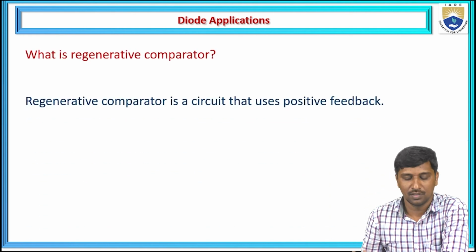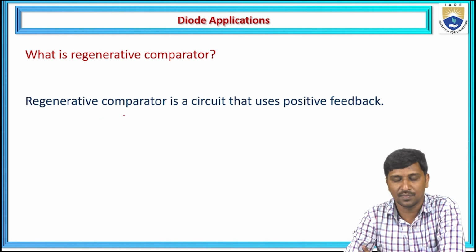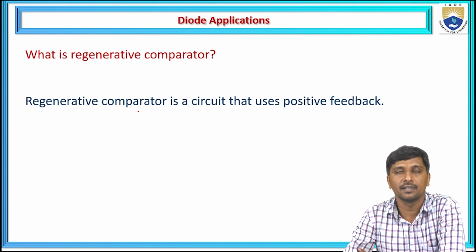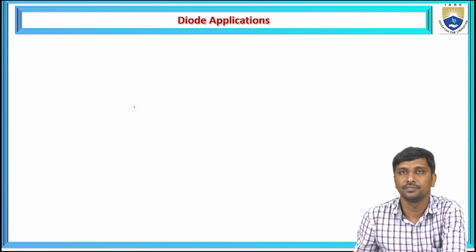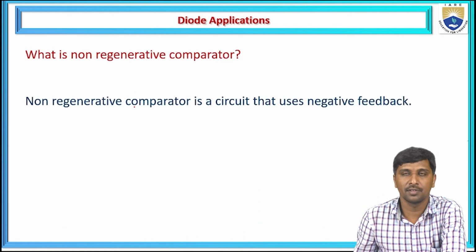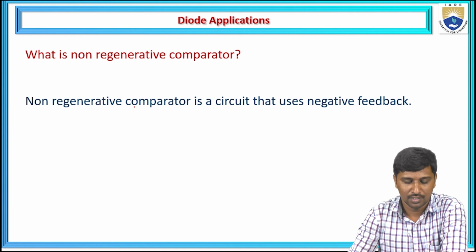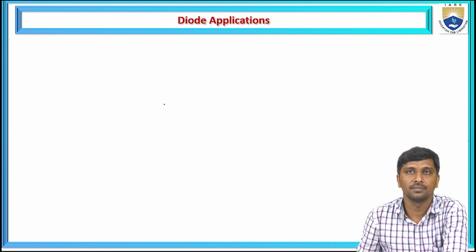A regenerative comparator uses positive feedback. Whenever a comparator circuit uses positive feedback, it is called a regenerative comparator circuit. A non-regenerative comparator is a circuit that uses negative feedback.